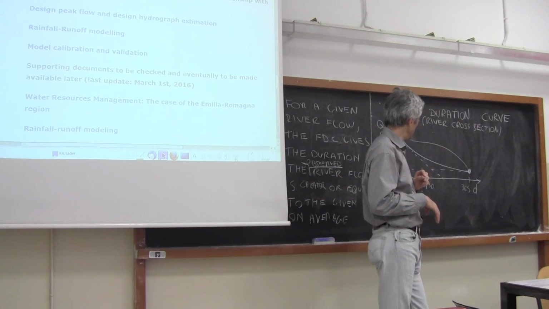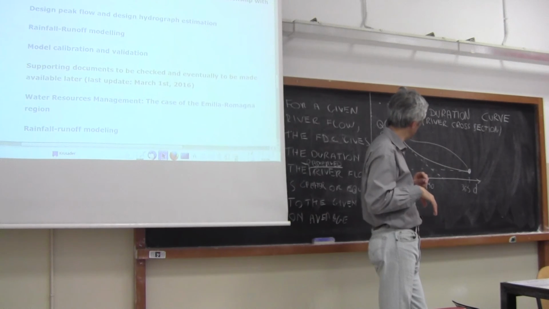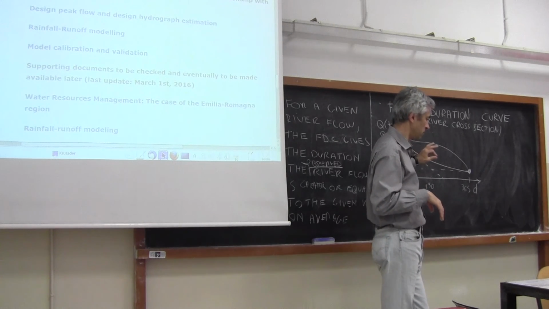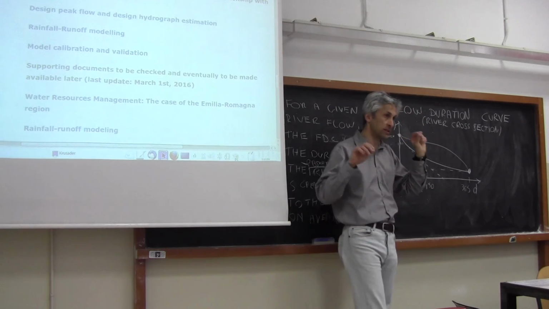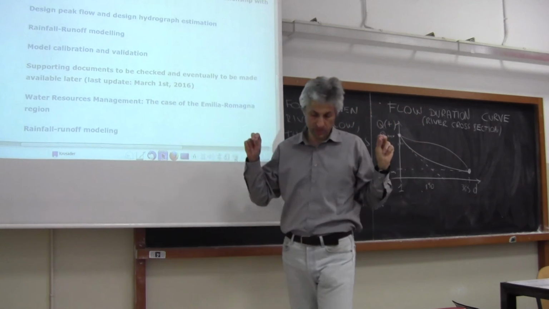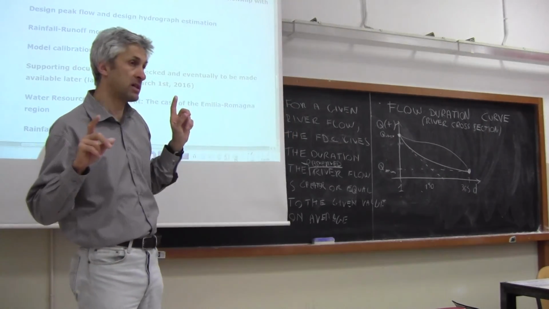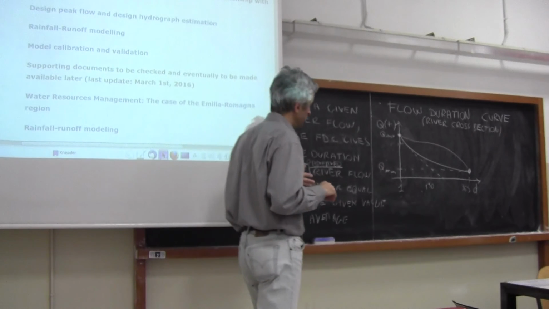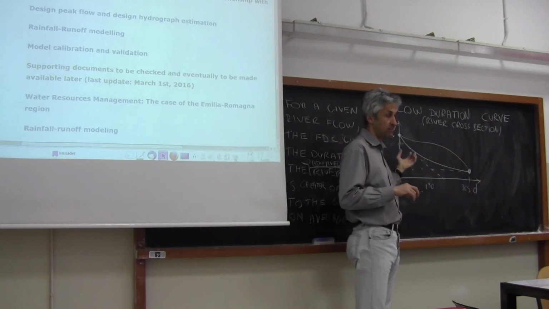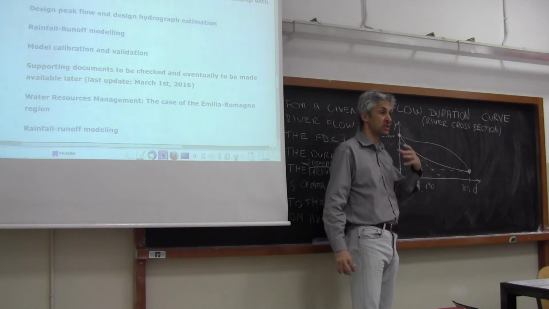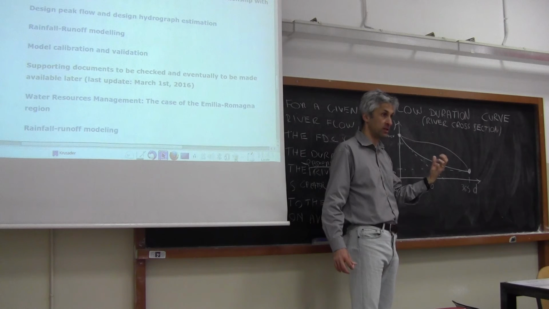So what I may ask you is, in your opinion, if we have these two curves, what is the curve that refers to the larger basin? And I am asking this question because the concept that I want to stress is that the shape of the flow duration curve is strictly related to the physics of the catchment.